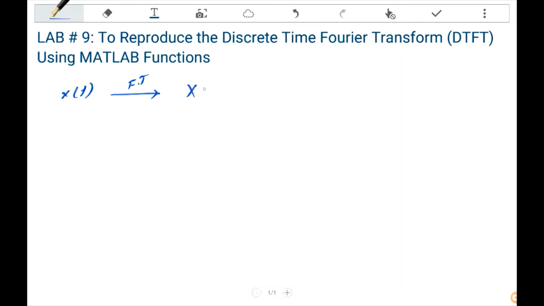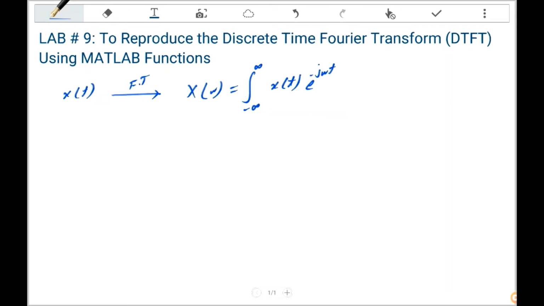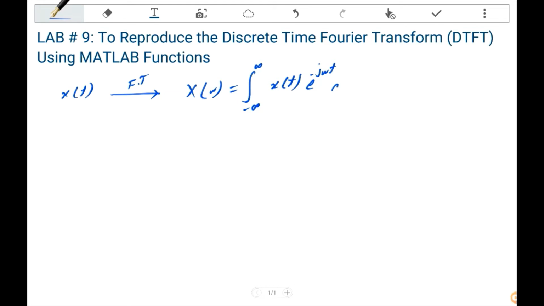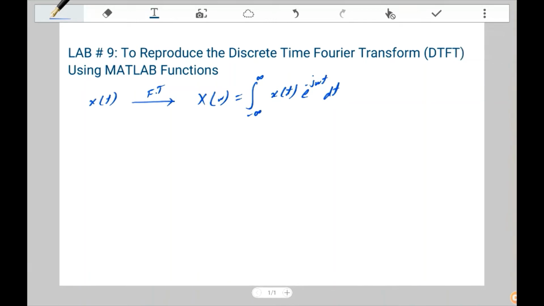So X of omega is equal to the integral from minus infinity to infinity of x of t, which is our actual signal in time domain, multiplied by exponential minus j omega t, dt. In this way we can transform a continuous time signal into the frequency domain.